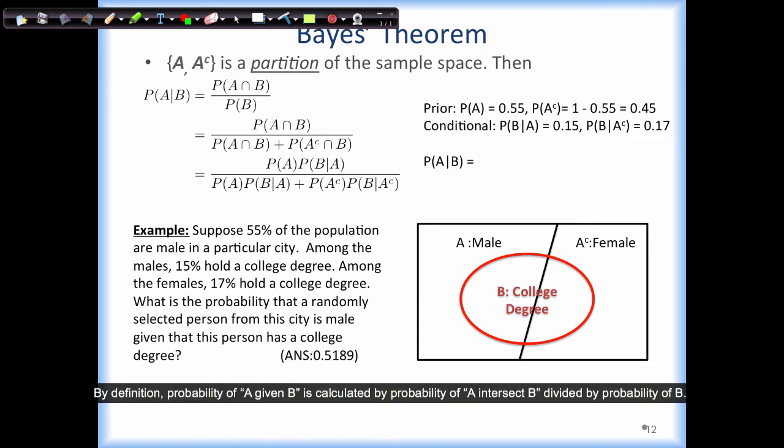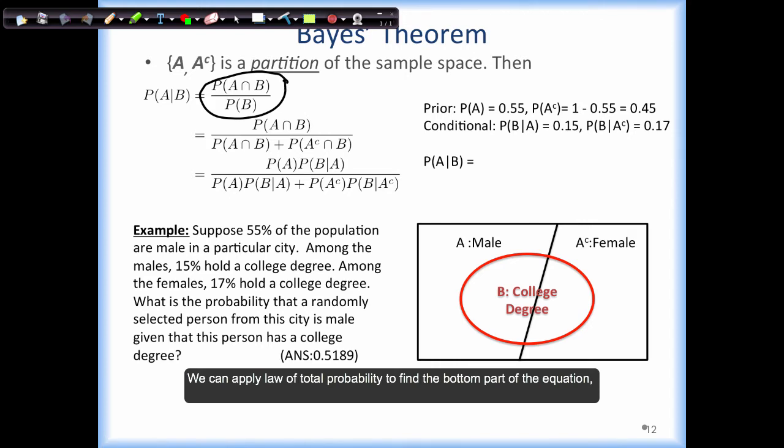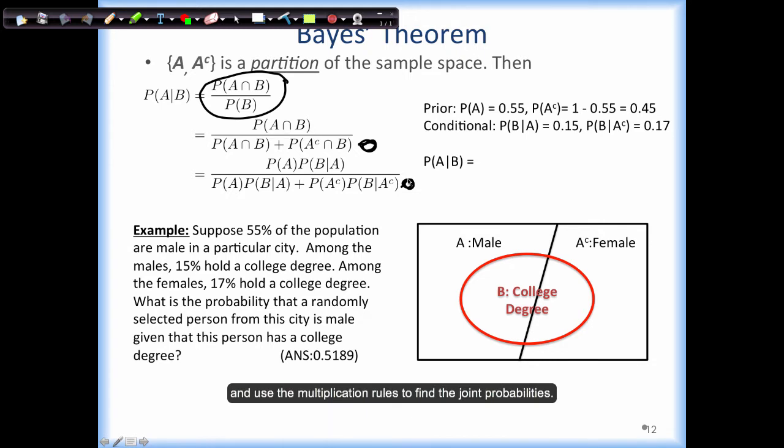By definition, probability of A given B is calculated by probability of A intersect B divided by probability of B. We can apply law of total probability to find the bottom part of the equation, and use multiplication rule to find the joint probabilities.